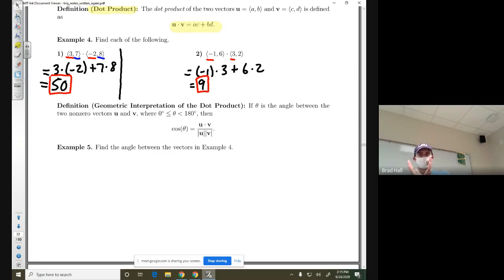Sometimes it's really good to know what the angle between those two vectors is. Well, we have a way of determining that using this formula right here. This formula will help you determine the angle between two vectors.